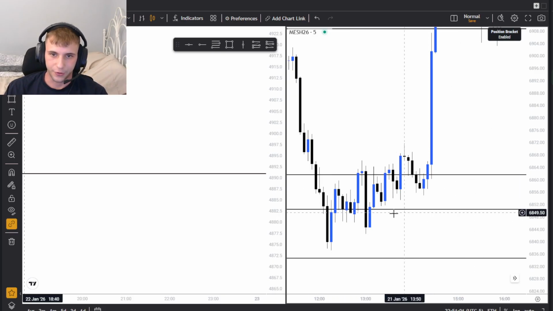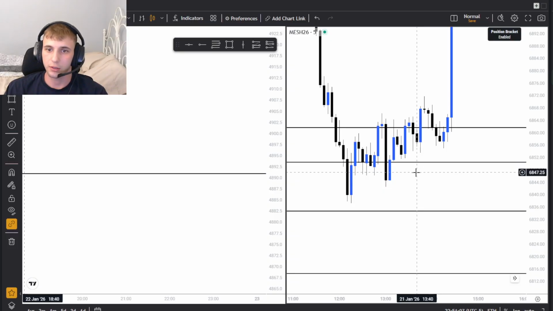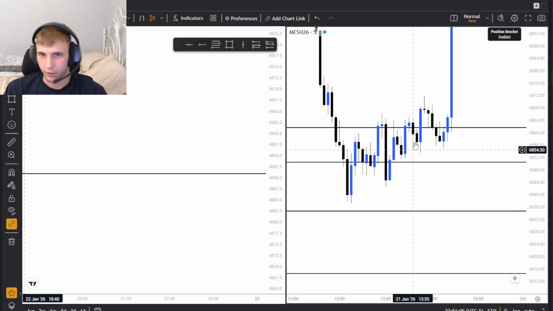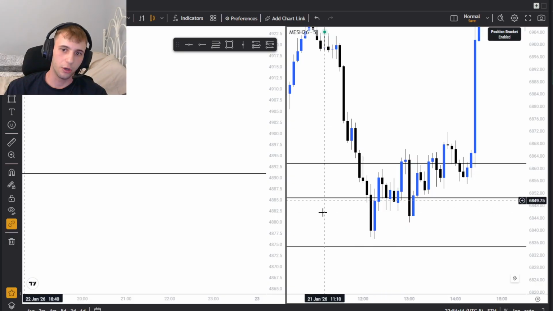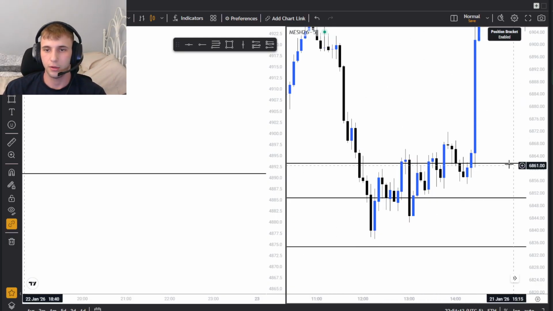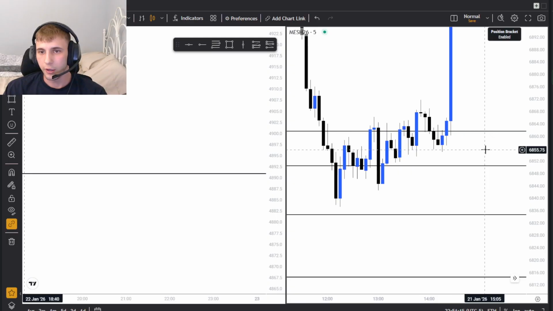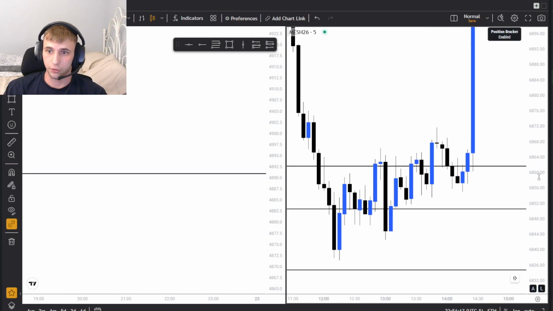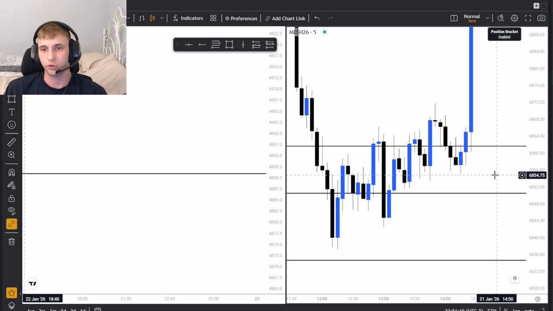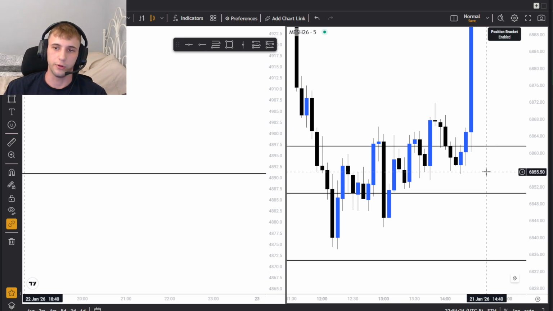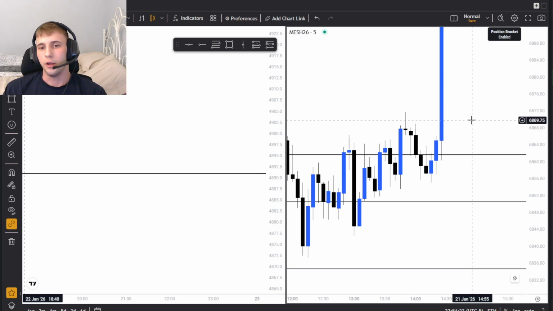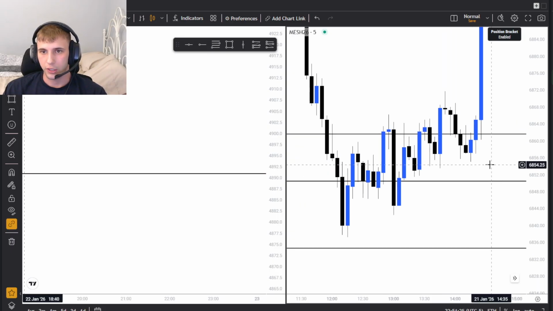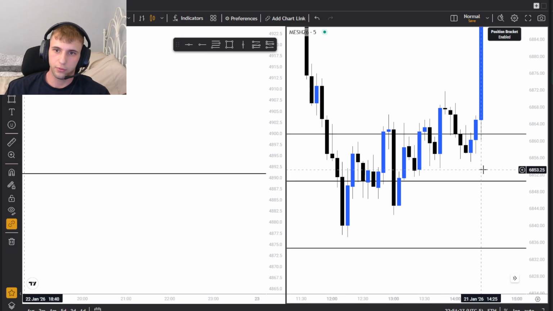Just because we get a rejection or a move up on the lower time frame, that does not mean that the move has started. This could very well be a lower time frame retrace. Who knows? Now, what we can do if we want to look for an entry with equilibrium on the lower time frame is use a lower time frame move to find your entry.